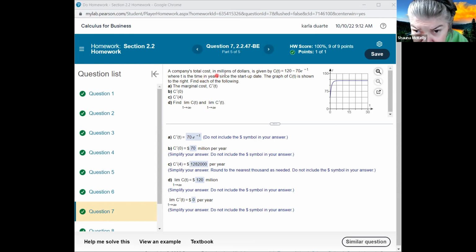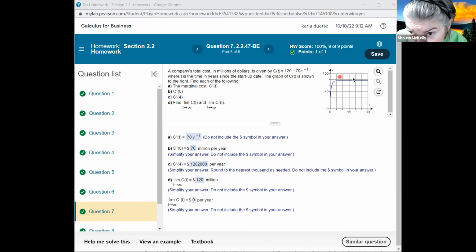A company's total cost in millions of dollars is given by C of t is equal to 120 minus 70 e to the negative t power, where t is the time in years since the startup date. The graph of C of t is shown to the right.